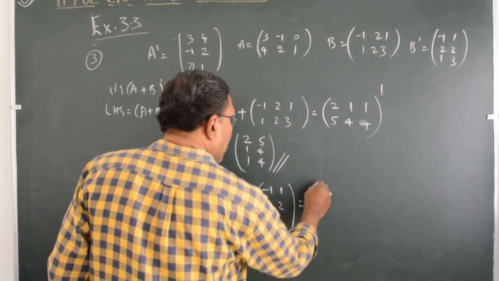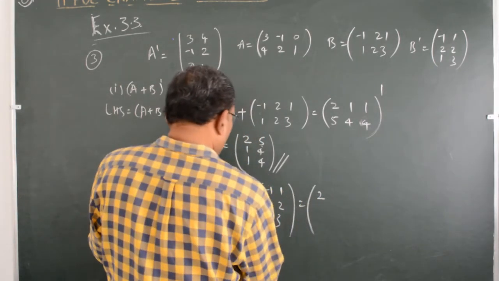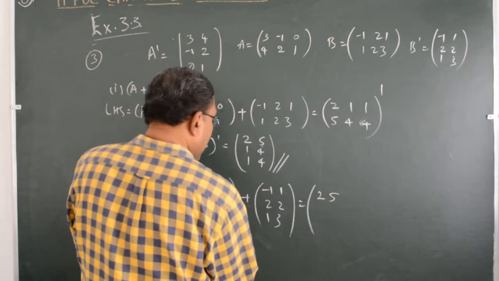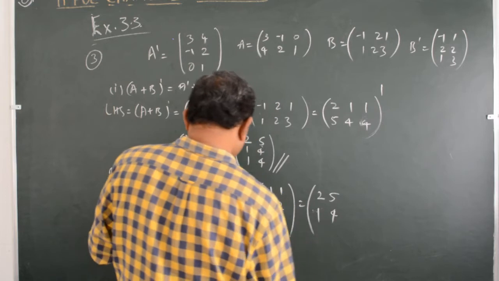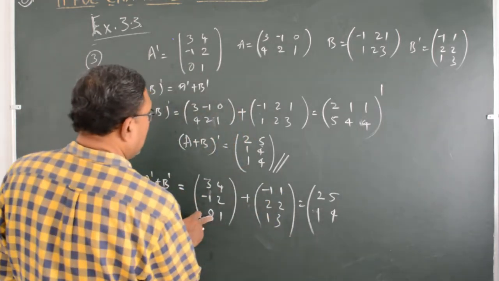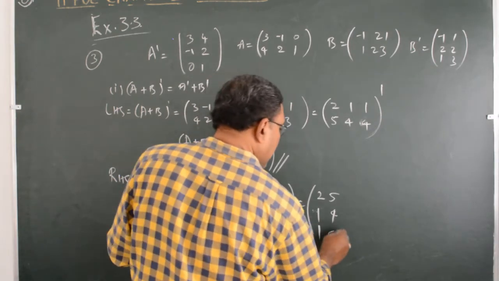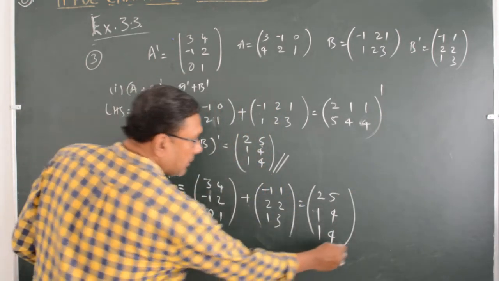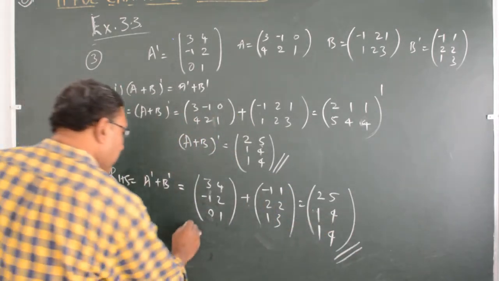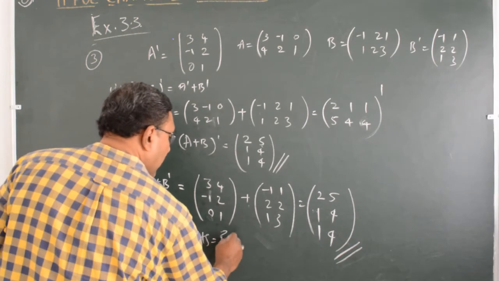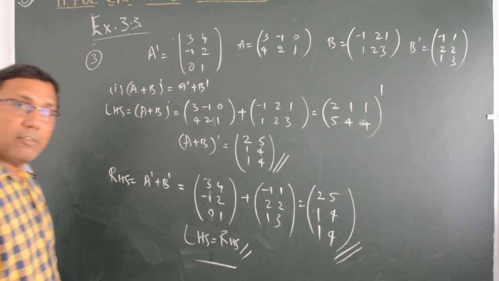We will see what answer we get. 3 plus of minus 1 is 2, 4 plus of 1 is 5 and minus 1 plus 2 is 1 and 2 plus 2 is 4 and 0 plus 1 is 1 and 1 plus 3 is 4. Please check, these two matrices are same, therefore my LHS is always equal to RHS. Hence, we are done with the first proof.